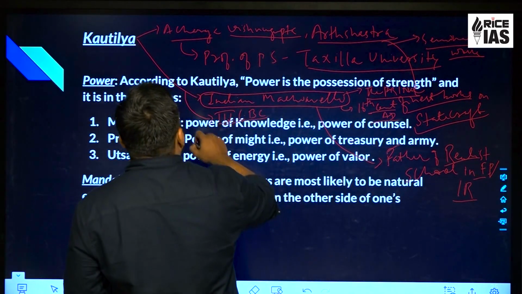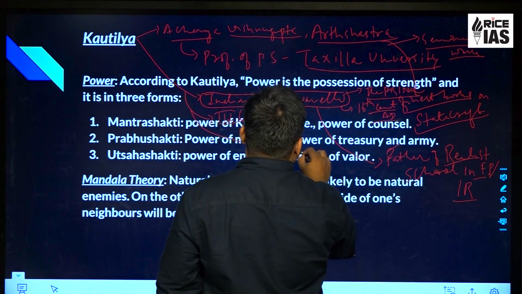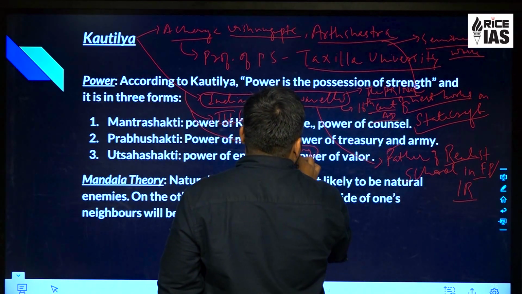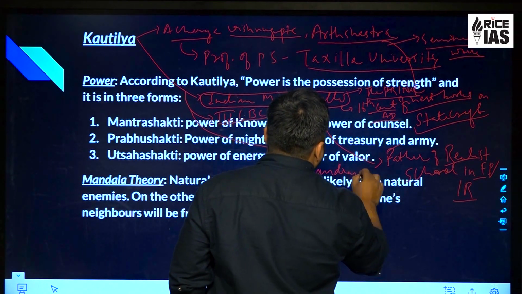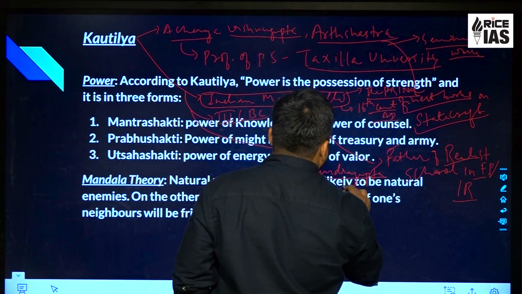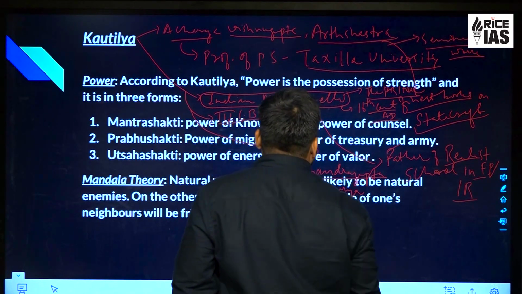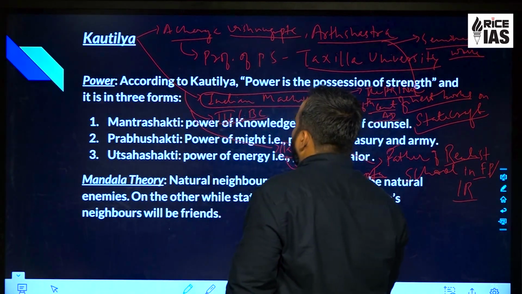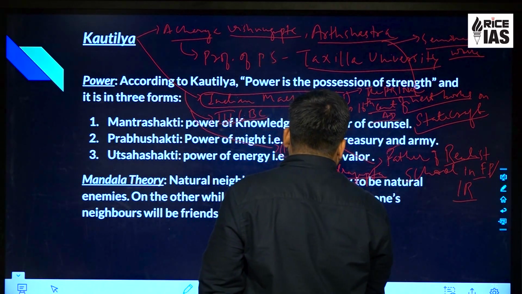Kautilya was able to get his king. The name of his king was Chandragupta Maurya. Sometimes it is also said that the Mauryan Empire was the first real big empire in India. So in this way, Kautilya was the first empire builder.